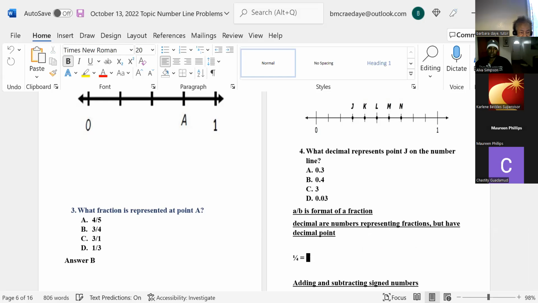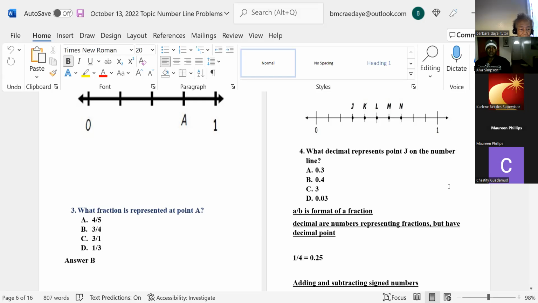Right. 0.25. That's it, 0.25. Some of the common ones you know already, right? 3/4 would be 0.75. That's right. Very good, Maureen. Because you can equate it to money, right? 1/2 of a dollar is 50 cents. So 1/2 is 0.50.